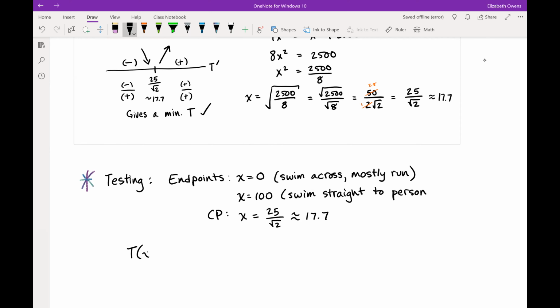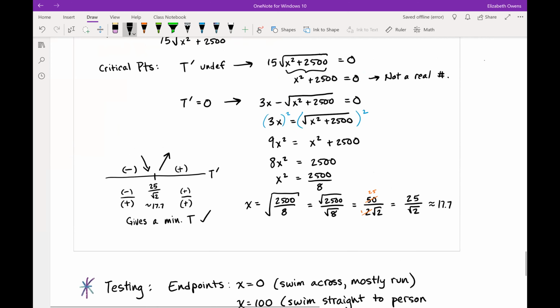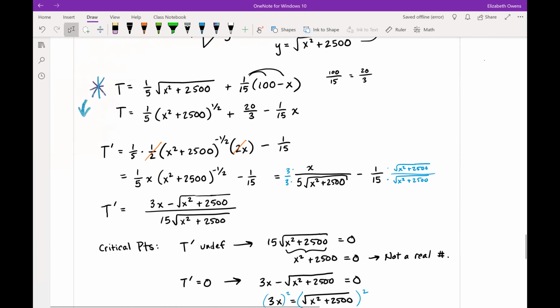Okay, so t of x, when it was a function of just x alone, that was 1/5 square root of x squared plus 2500, and then plus 1/15 times 100 minus x. Just to verify one last time there. Yes, there it is.